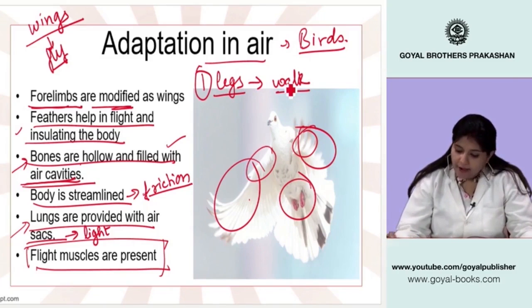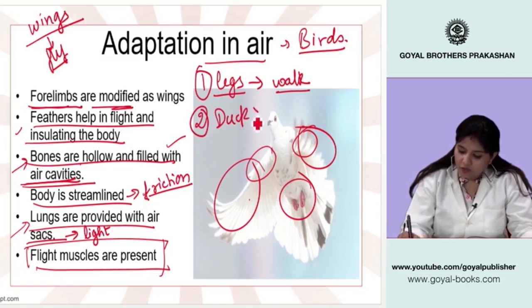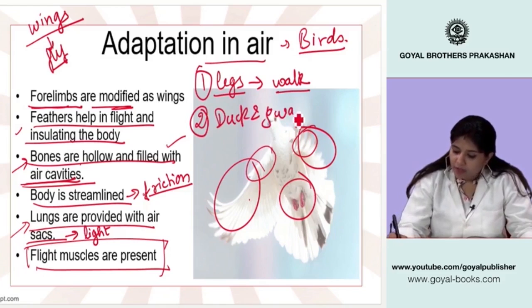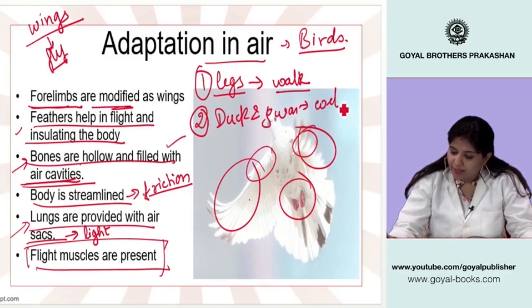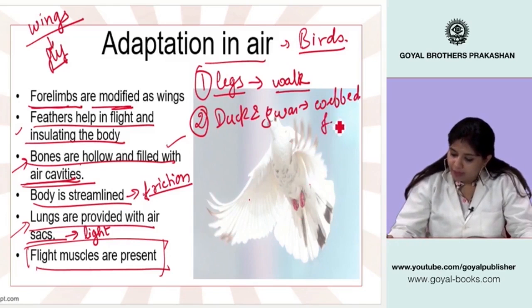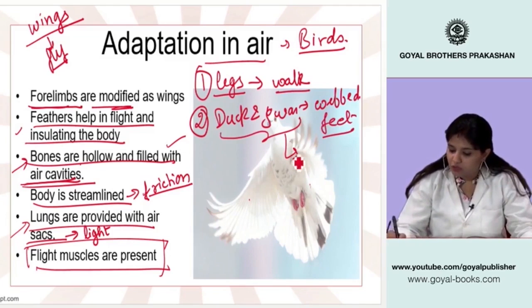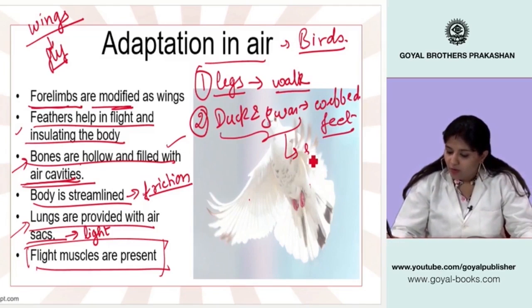Apart from that, birds like your duck and swan have webbed feet, right? And these webbed feet allow them to swim. These are the birds which are usually seen in water.